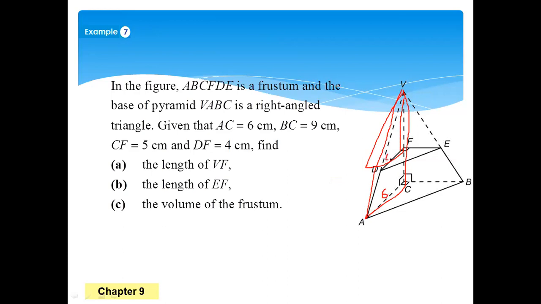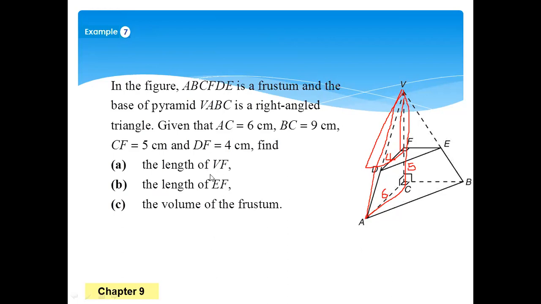This is 6, that is 4. CF is 5. The question asks you this DF. You can find it using the similar triangles. Then you consider another pair of similar triangles on the right, so you can find EF. Finally, find the volume.